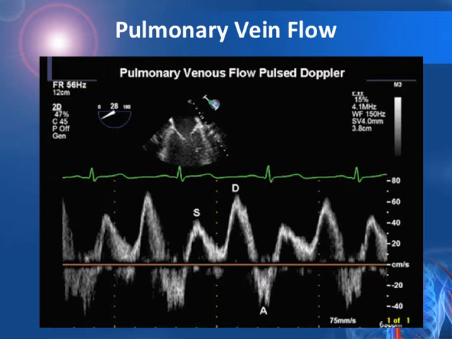That, however, is followed by a negative wave, the A wave, that is an atrial contraction, the late diastole atrial kick, and is negative because as the atrium contracts and expels the blood across the mitral valve, it also pushes the blood back into the pulmonary venous system, and that's why we detect the negative flow for a short period of time.